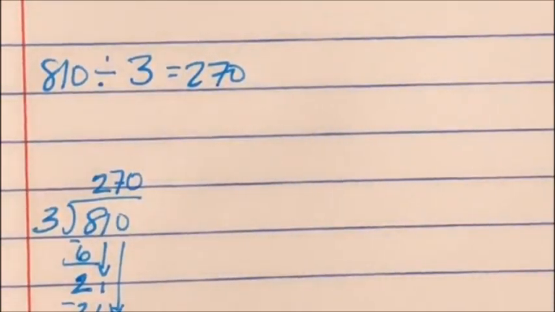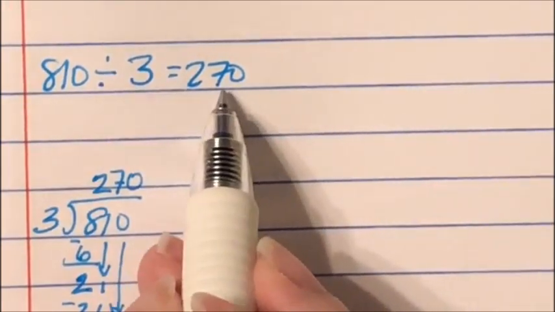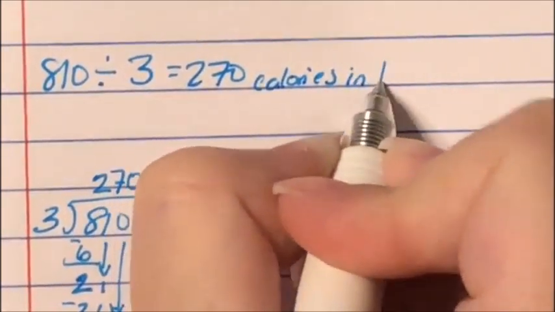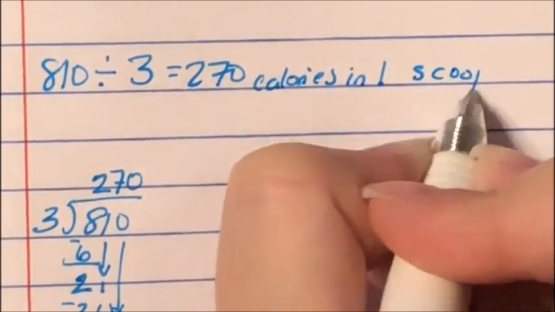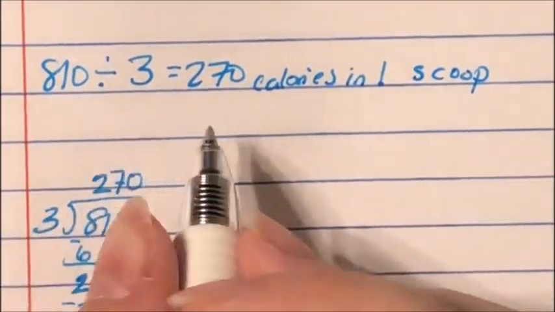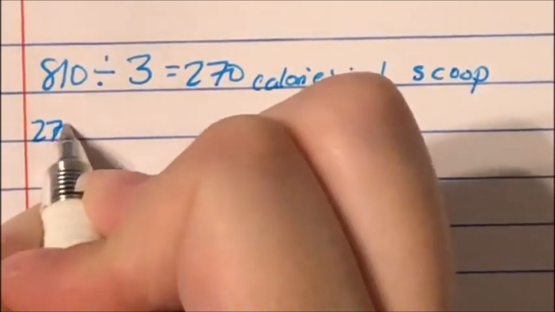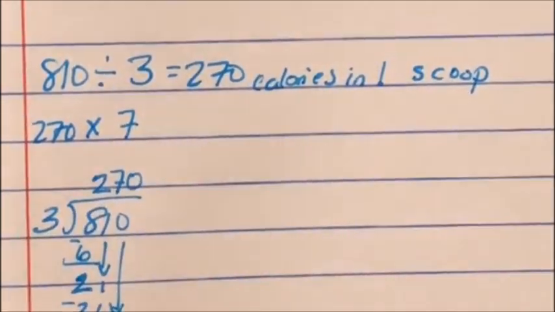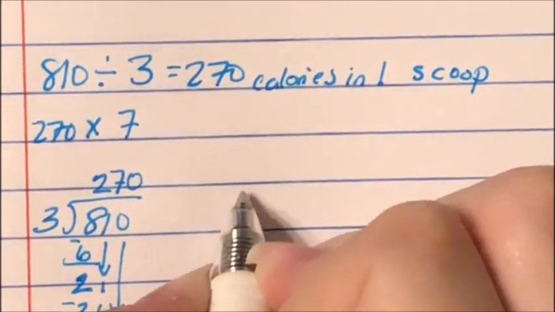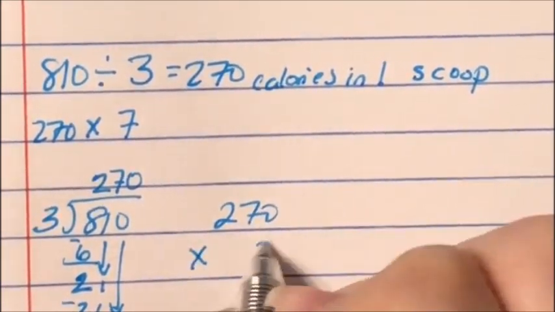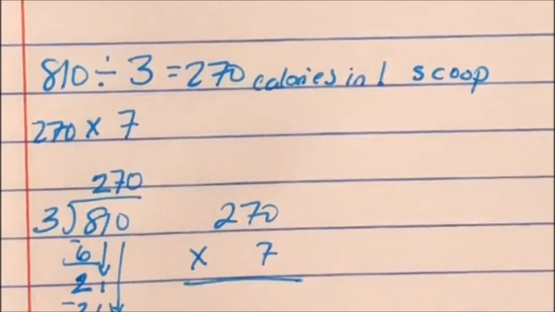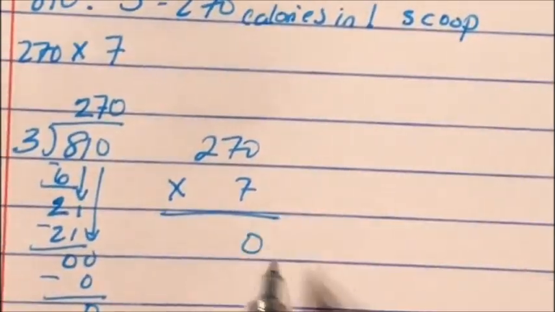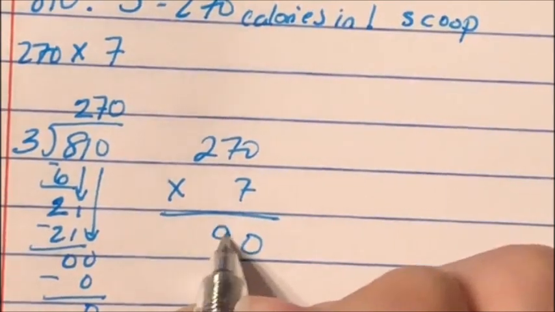But that's in 1, that's how many calories in 1 scoop. I want to know how many are in 7 scoops. So I take 270, and I'm going to multiply that times 7. 7 times 0 gives me 0. 7 times 7 is 49.